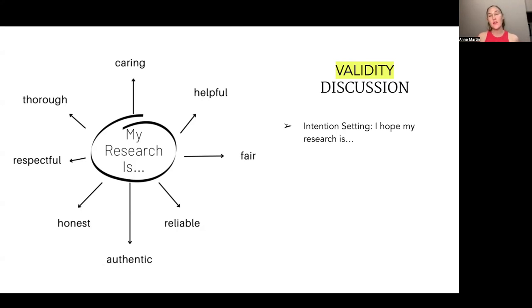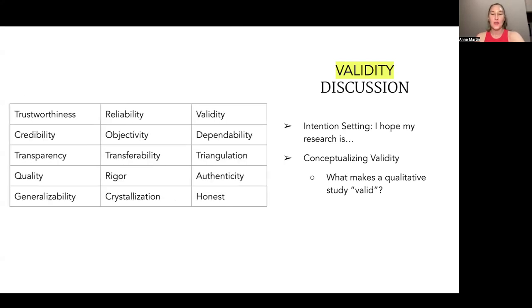So start thinking of these different adjectives that might describe what you hope your research is, and this will help set your foundation for what it is that you really value and how you can intentionally build in validity strategies that honor that perspective. So in qualitative research, just like in quantitative research, it's important to think about what does it mean for a study to be valid or trustworthy or thorough. So that's important to think about.